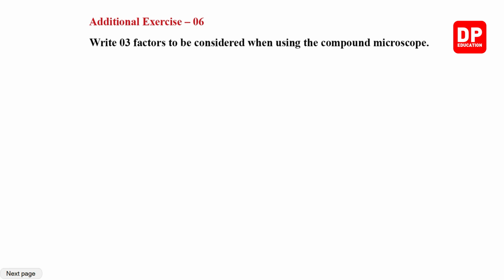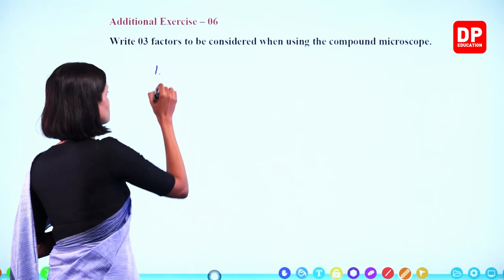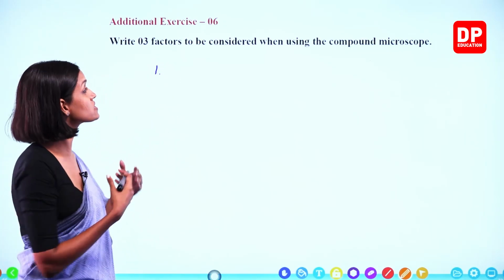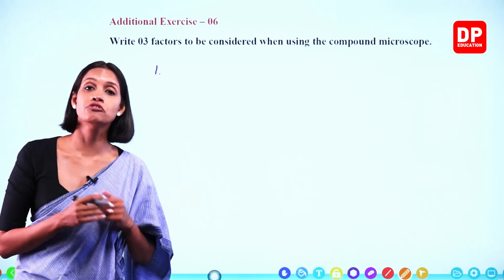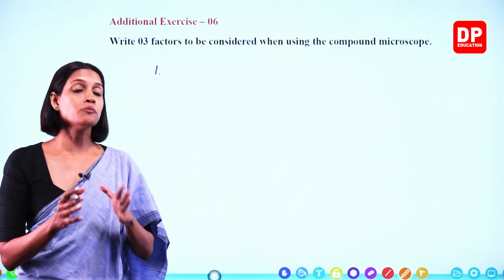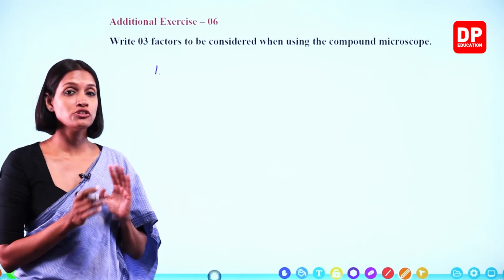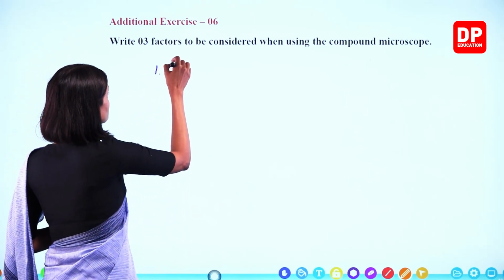Exercise number 6. Write 3 factors to be considered when using the compound light microscope. Now we know many things to consider. We will write. So we know that when we store this compound light microscope, you have to always store it in an upward position. Right? You should not tilt it. We will write.